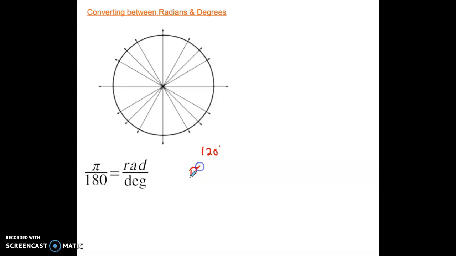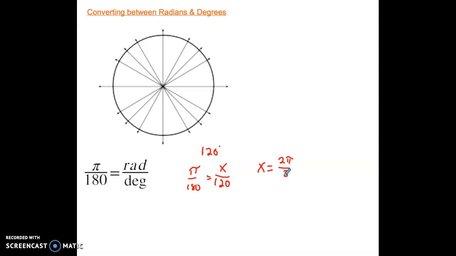So I'm going to go pi over 180 to equal, I don't know the radians, but I know it is 120 degrees. Radian over degree. And so you can just cross multiply, solve for x, and clean up that fraction. Just to answer the question, 120 degrees is 2 pi over 3 radians.